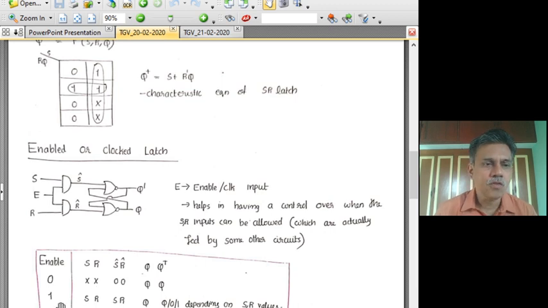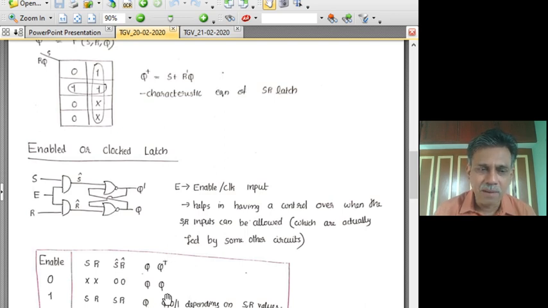Now if enable equal to 1, then S and R may again take 4 cases, but we will simply keep it as variables S and R. S cap, R cap become S and R respectively, and for whatever value the original Q is, what will be the value of Q plus?